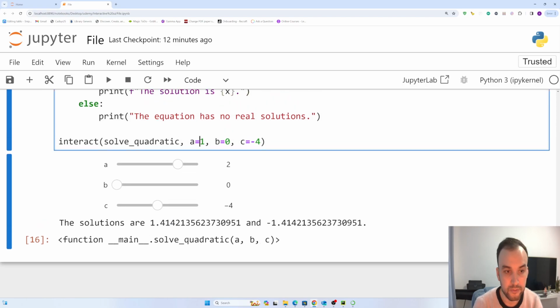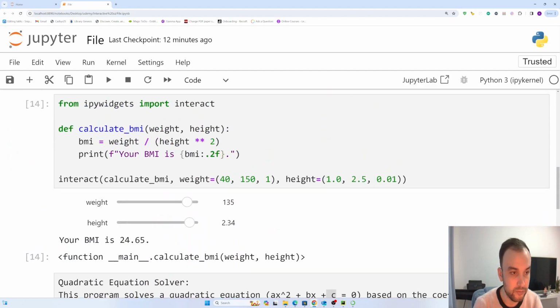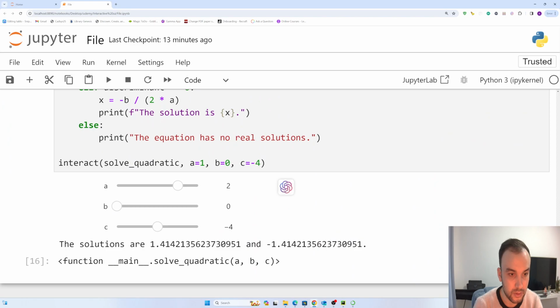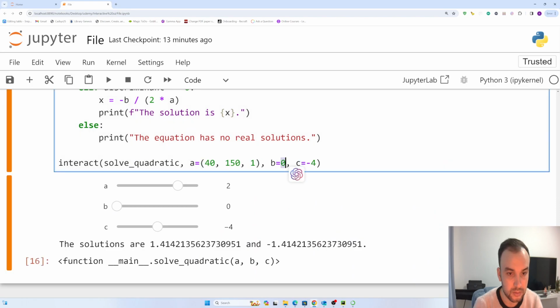We also can define these numbers in the same way, like between 0 and 100. Okay, it also can be minus 100, I think that's better.